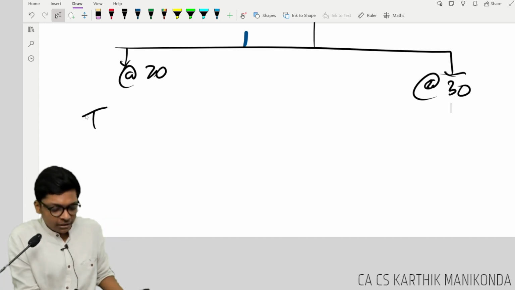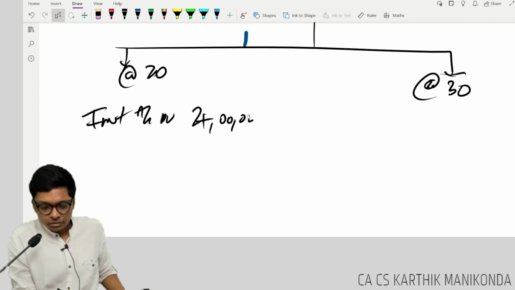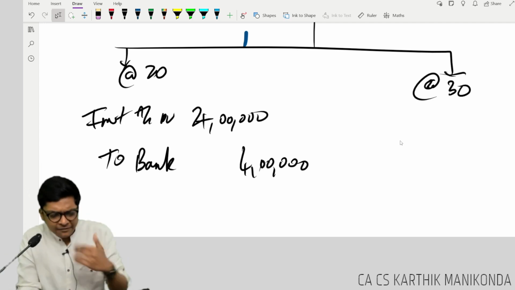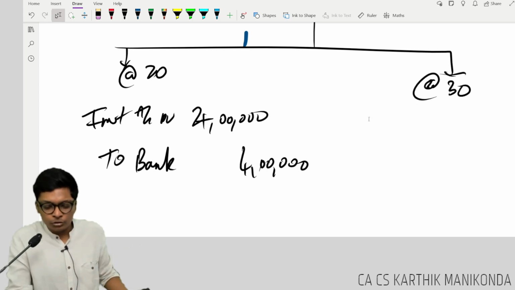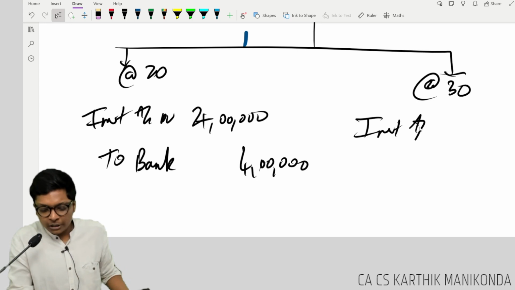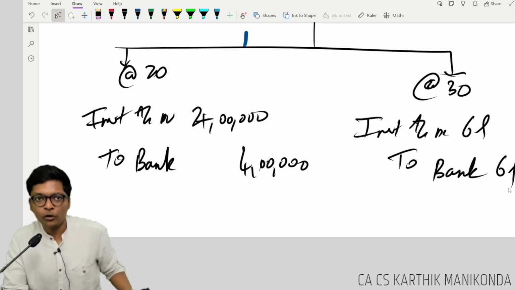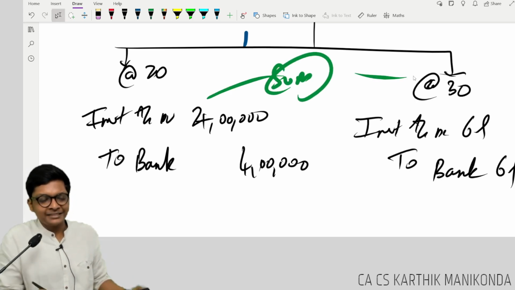When she is buying at 20, she will write investment account debit 4 lakhs to bank 4 lakhs, correct? Even if she is buying at 30, she doesn't know the dividend breakup, unlike Radharam. So she will do investment account debit 6 lakhs to bank 6 lakhs. Are you following this, guys? This entry, who's passing? Sumaya is passing in her books.